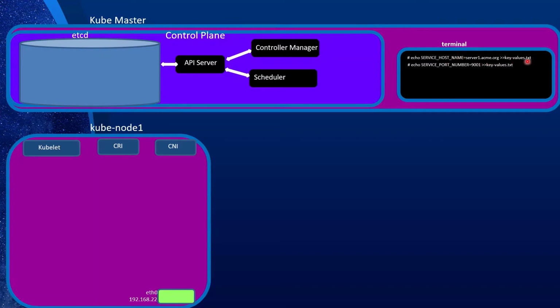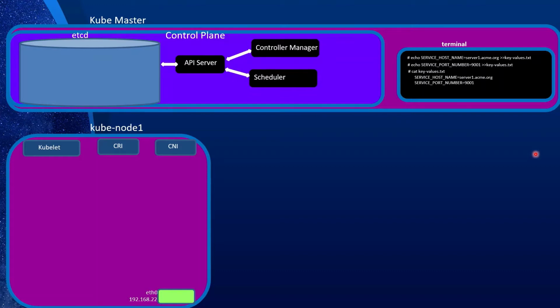We put them inside a file called keyvalues.txt. We can then check to make sure that our values are in that file, so we do a cat keyvalues.txt, and you can see that, yes, they are there. Now we are ready to read them, create a config map, and use them.